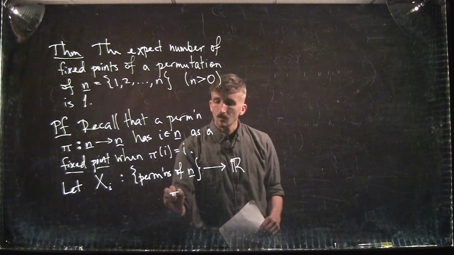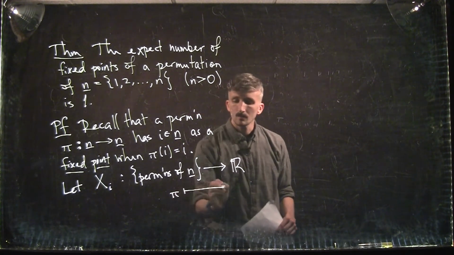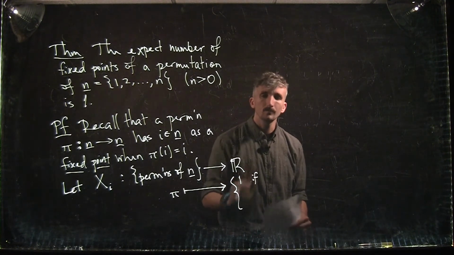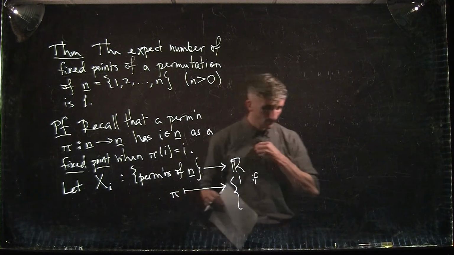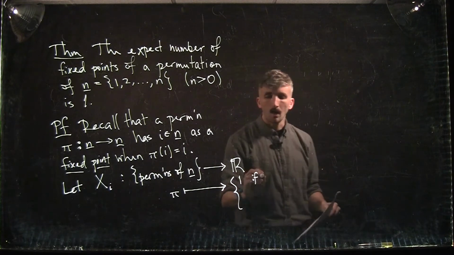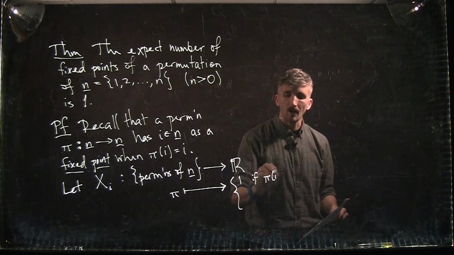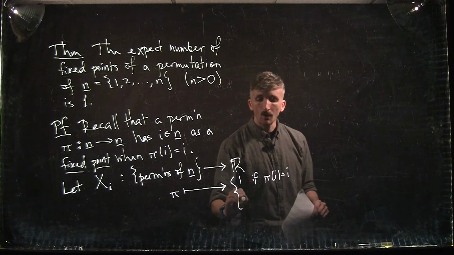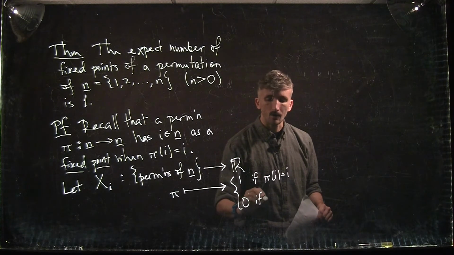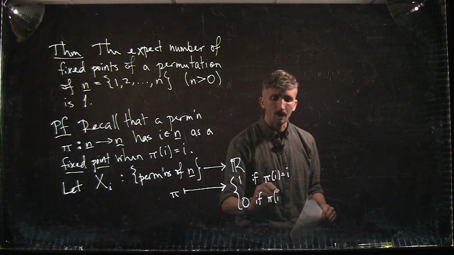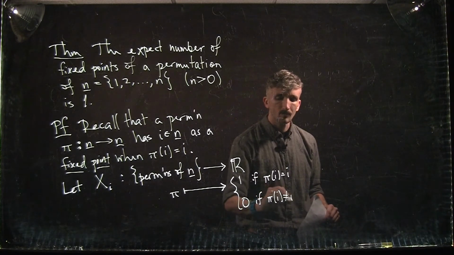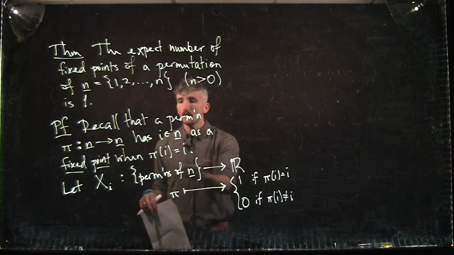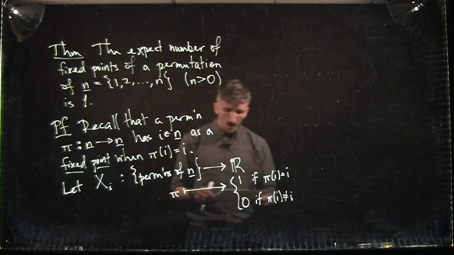It takes a permutation pi to either the value 1 if pi of i is equal to i, in other words, i is a fixed point of pi, or to 0 otherwise. i is not a fixed point of pi. Okay, this is a well-defined function on our sample space.